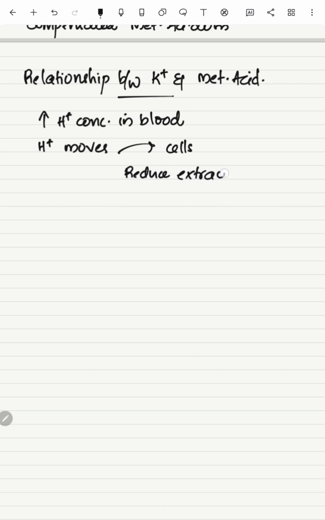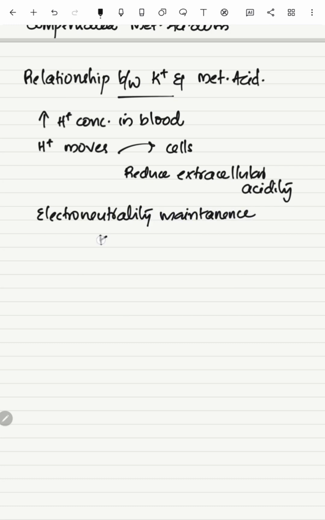To maintain the electroneutrality, K+ will move out of the cells. So more and more K+ is present in our blood, which results in increase in potassium. That means hyperkalemia. So metabolic acidosis is associated with hyperkalemia.